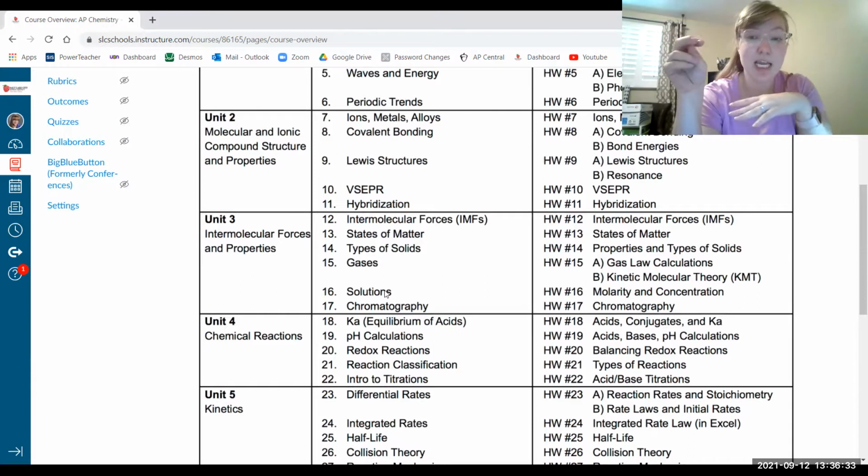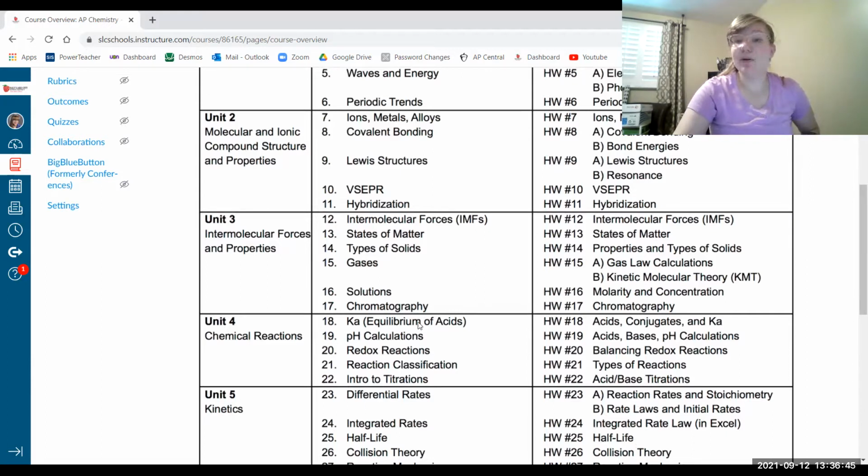Because a solution is aqueous, it's where we dissolve something into water, and a liquid is where we heat something up so much that it melts. We don't deal with liquids like ever, but we're basically doing each type of matter. We've got solids, gases, solutions, and then chromatography is a technique that is specific to separating solutions. So that's kind of the organization.